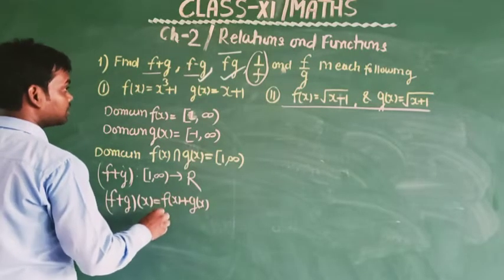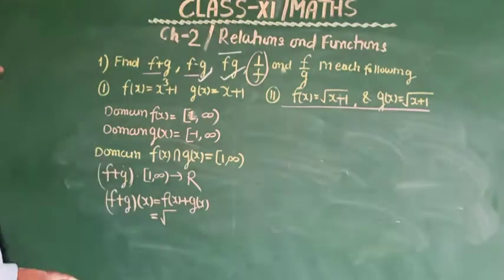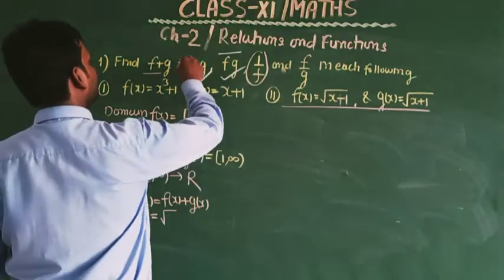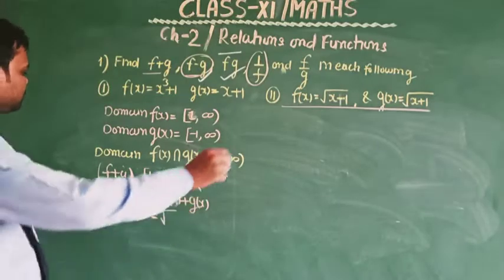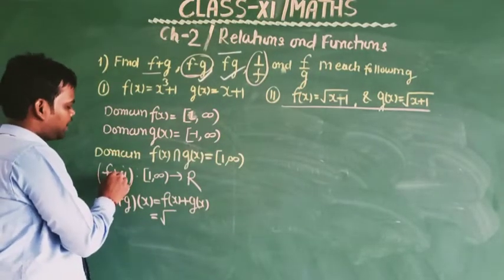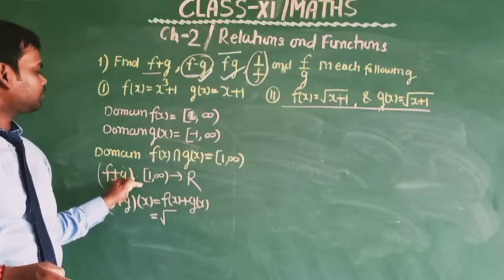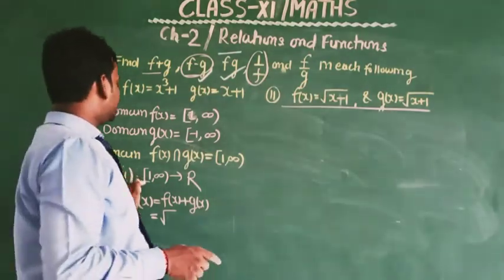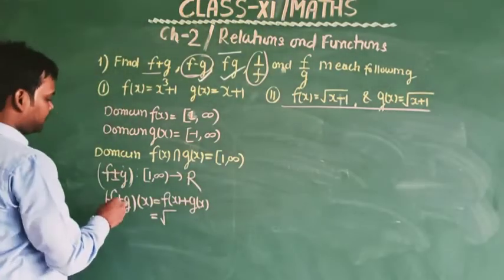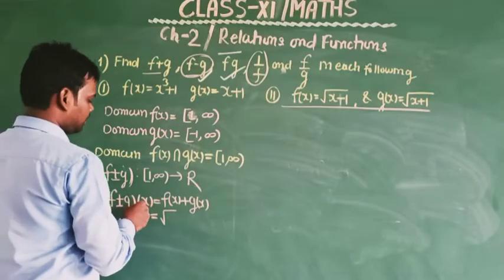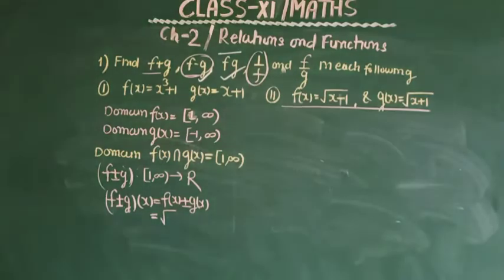We find both f plus g and f minus g together, and both are defined from the closed interval 1 to infinity to real numbers. So (f plus minus g) of x equals fx plus minus gx.